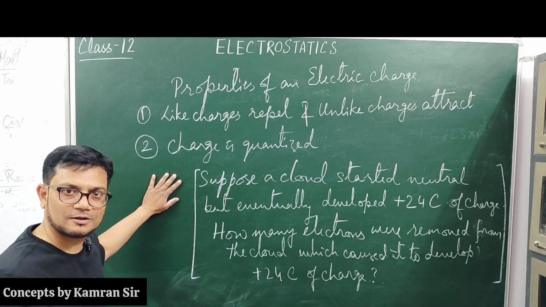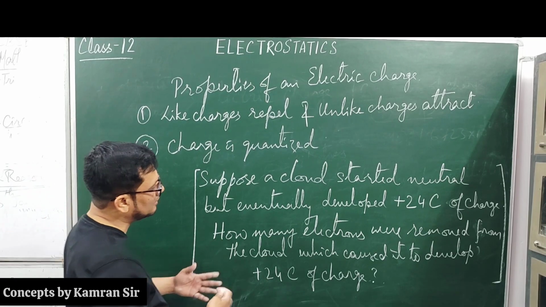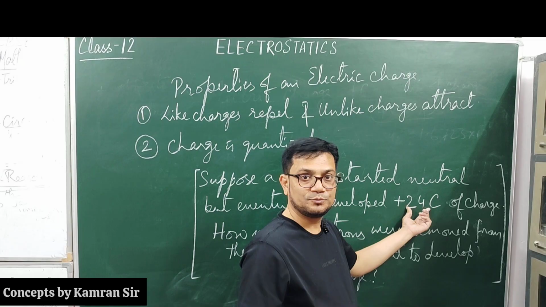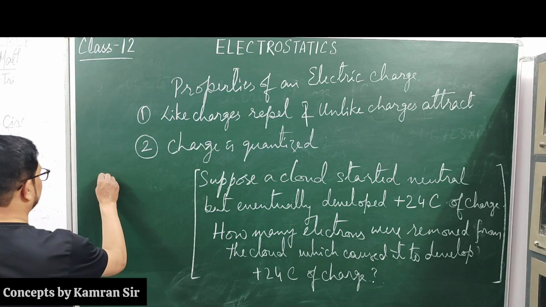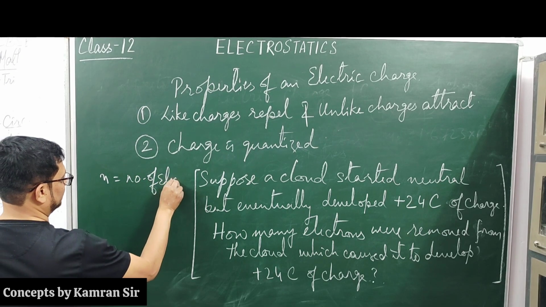Okay? All right, so let's discuss the approach. So how can we understand this? If it developed 24 coulomb of charge, which means that the number of electrons were removed, let n be the number of electrons removed.